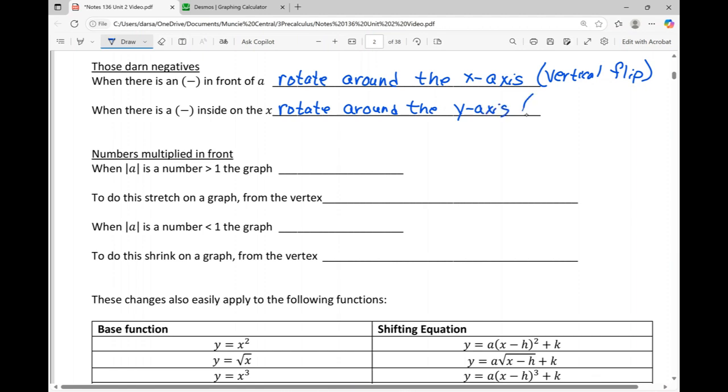But Mrs. Hoffman will also accept that this is a horizontal flip or a horizontal rotation, vertically versus horizontally, if you like to say it that way. That's fine. Again, either set of languages work, but we need to understand what the negative does. Outside, it flips it vertically. Inside, it rotates it horizontally.